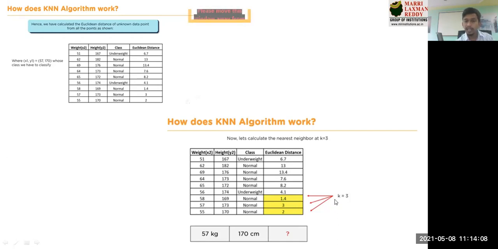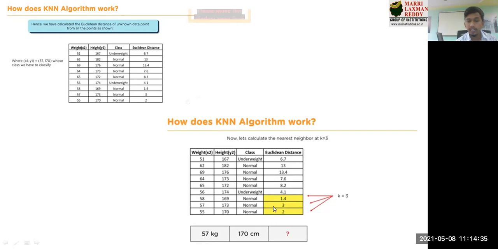If I take k equal to 3, with 3 nearest neighbors, I have these values, and all of them are categorized as normal. If a person weighs 57 or 58 kg, and his height is 169 or 173 around 170, then this group indicates a normal weight. That's the observation from this part.